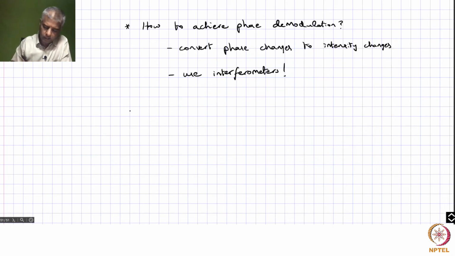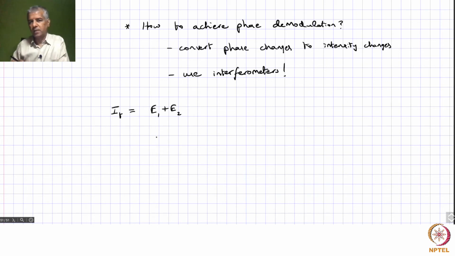Okay. So, let us just say you are looking at the beating of these two waves at the detector. You have a certain intensity at the receiver, which corresponds to the fields of both these waves, that is the perturbed wave and the unperturbed reference wave. Let us look at them as their phasors.